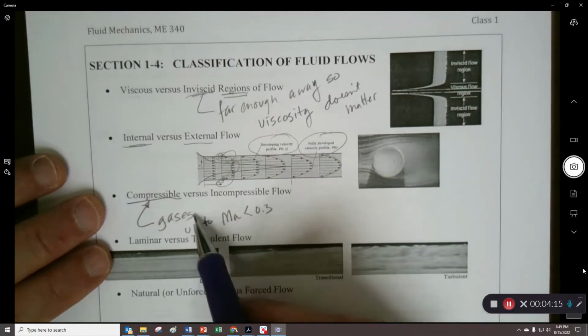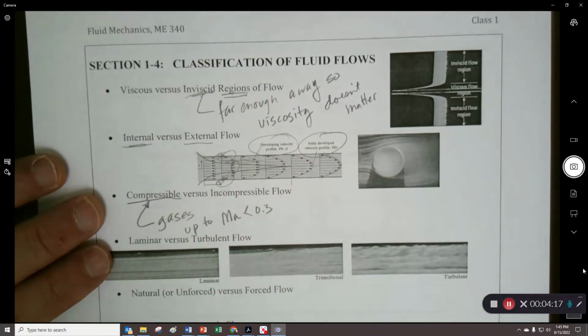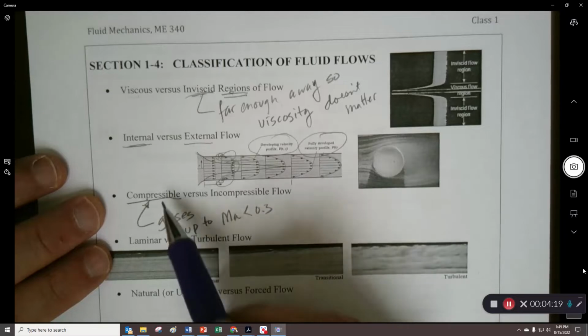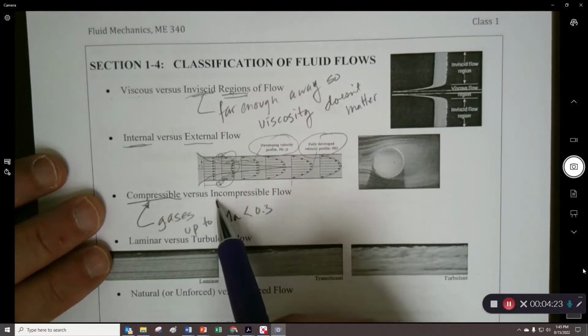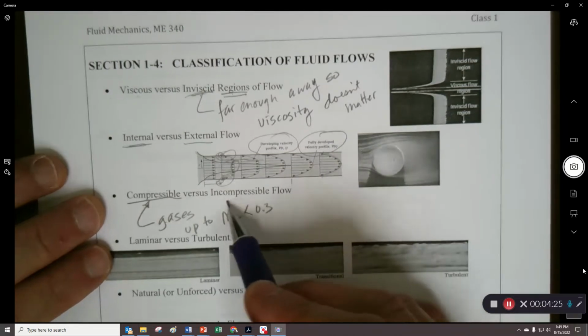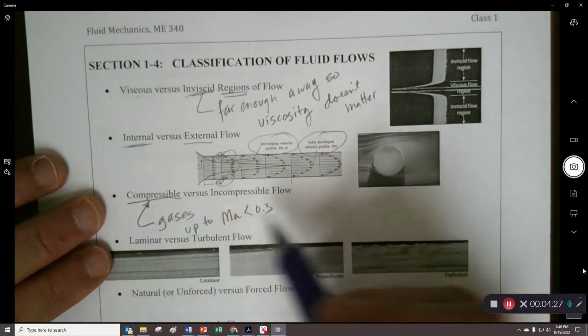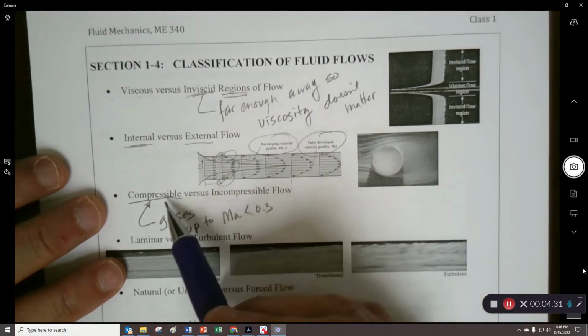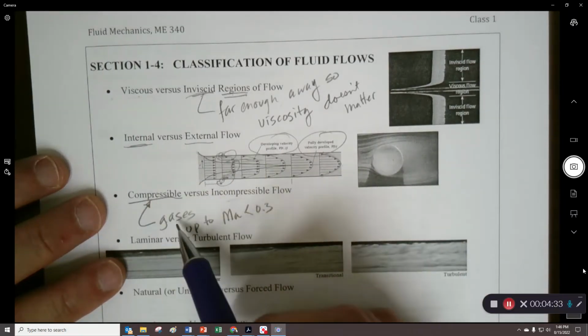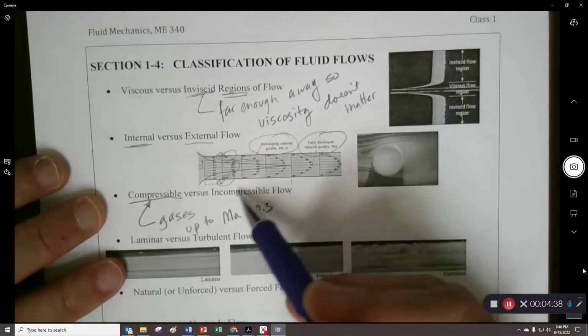But if they're moving faster than about 0.3 times the speed of sound, then they start to become compressible, like a transition, and they start behaving differently. That's something we have to really look out for. But we can treat them in a certain way up to this 0.3.